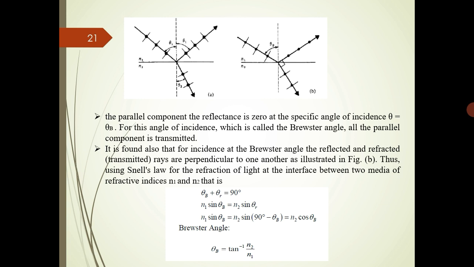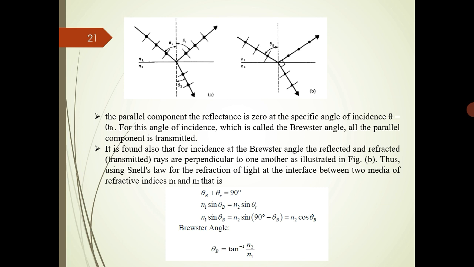It is also found that at Brewster's angle, the angles of reflection and refraction are perpendicular to one another, which is illustrated in figure B. According to Snell's law, for the interface between two media of refractive indexes N1 and N2, the angle of incidence is theta b, the Brewster's angle, and the angle between the reflected and refracted rays is 90 degrees.